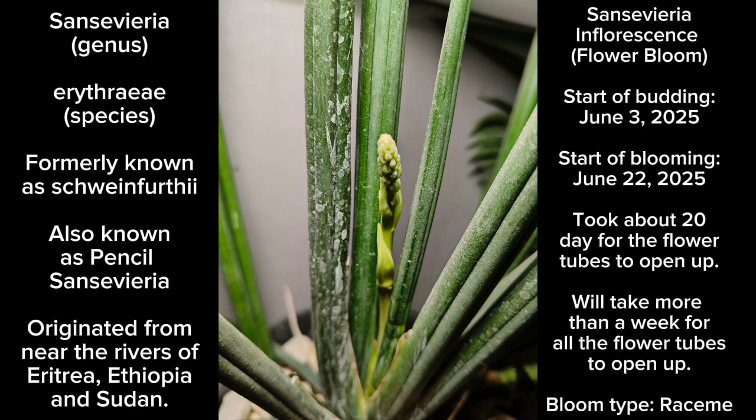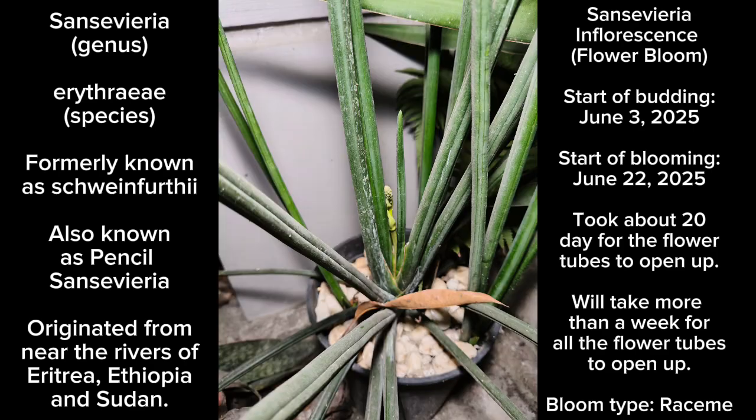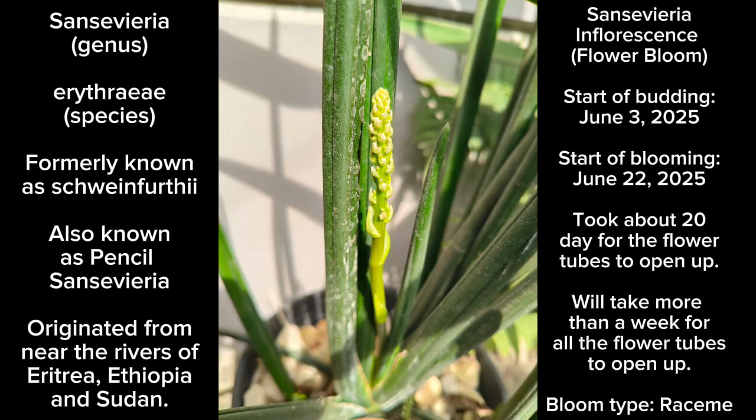So for this episode, we're going to feature another inflorescence or flower bloom coming from a Sansevieria species known as erythraeae, and it is formerly known as schweinfurthii, but now the updated ID is erythraeae.